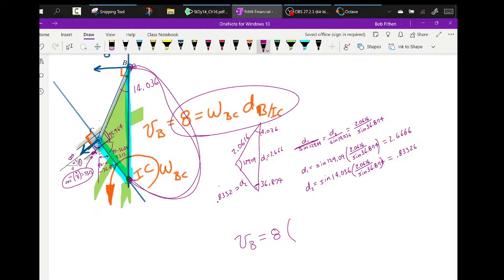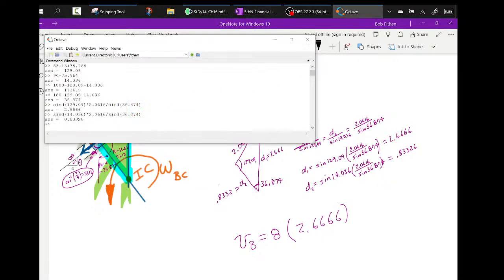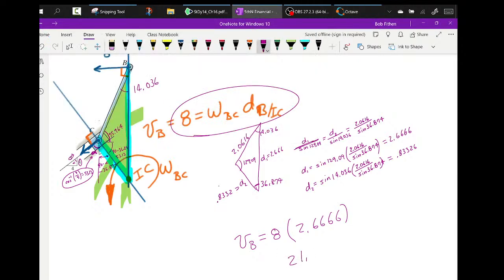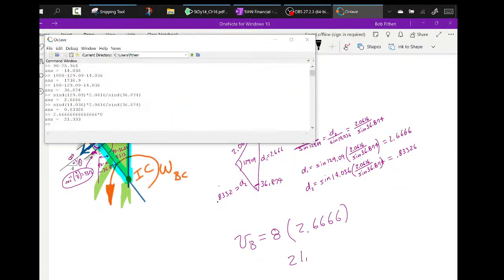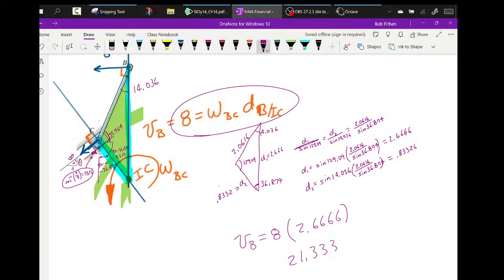So I'm looking for that distance, which is actually the same as this distance here. It's 2.6666, and I'm assuming there's just a pile of sixes there. 21.333.